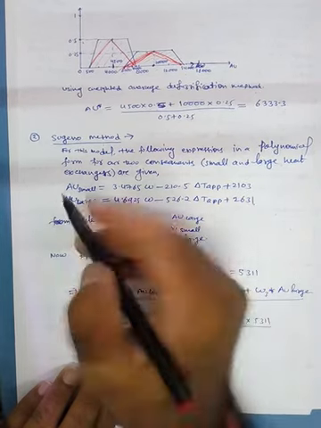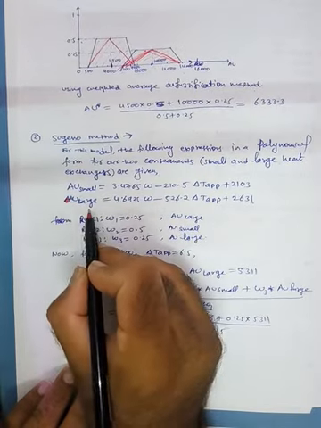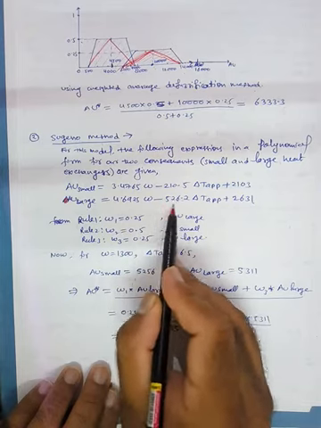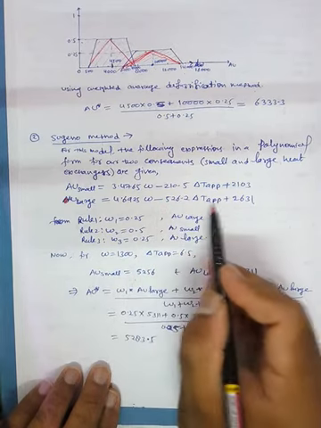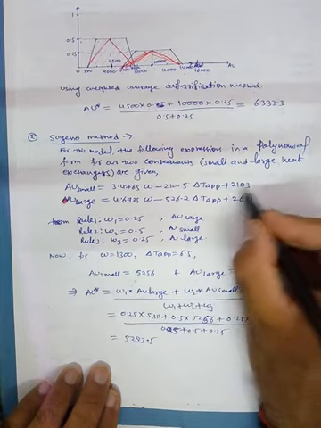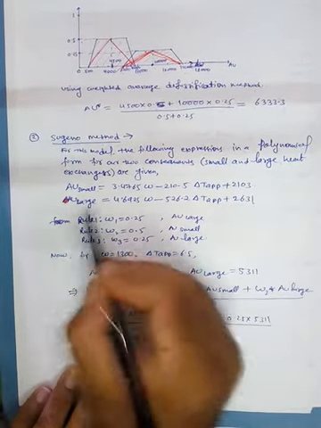Similarly, AU large, which is 4.6925 W minus 526.2 delta T approach plus 2631. So this is function 1 to define small, this is the second function to define large.